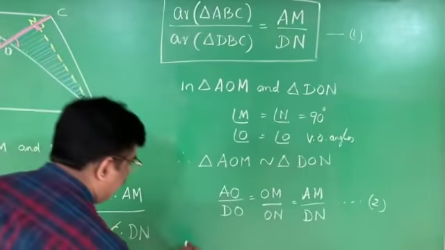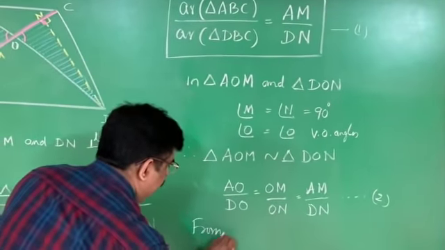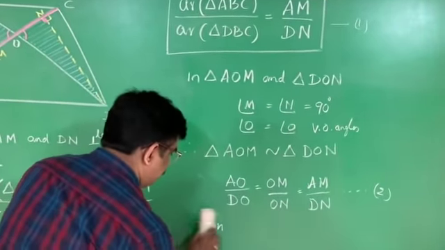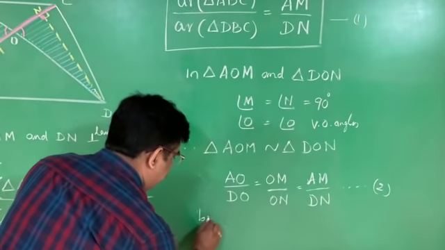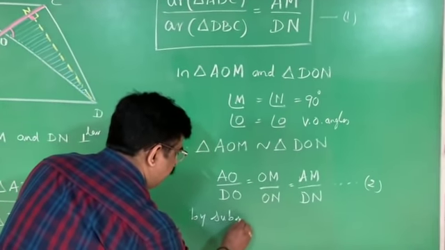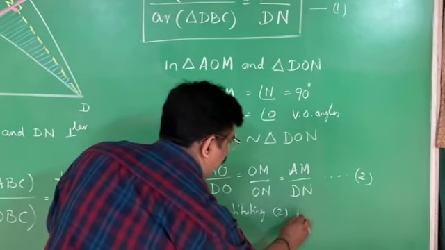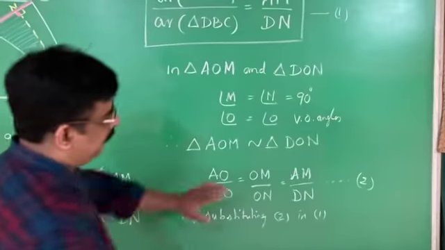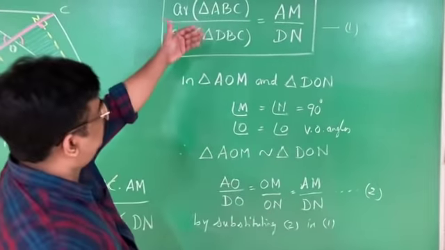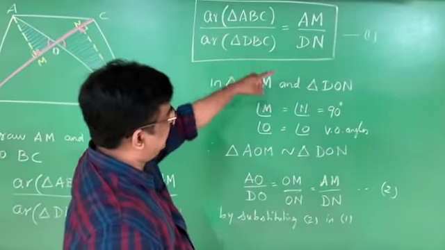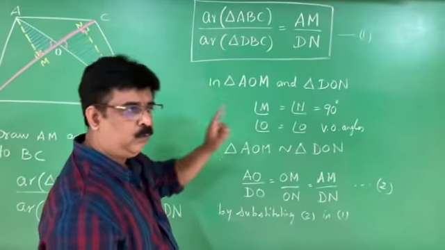Therefore, from 1 and 2, by substituting 2 in 1. In 1 we have to substitute the value of 2. In the place of AM by DN, I write now AO by DO.